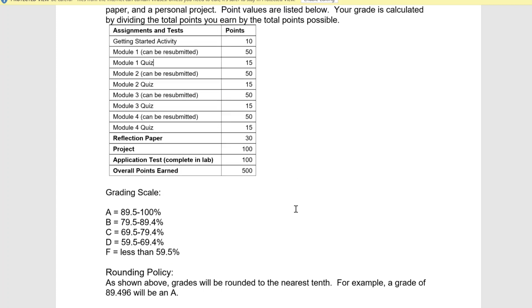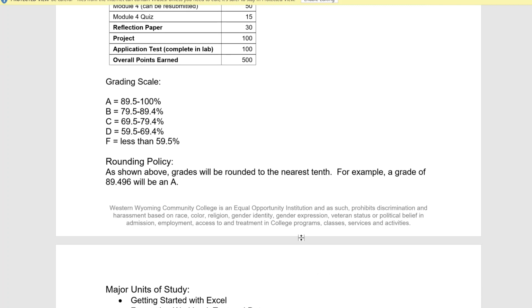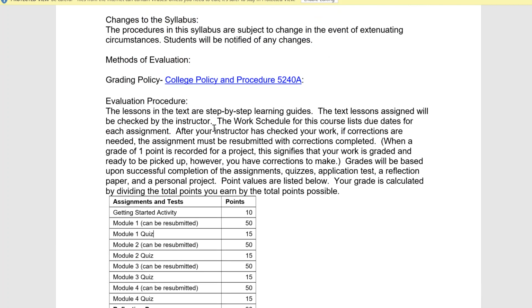A note back up here. So when you submit your homework, after I have checked it, if you need to make corrections, I put 1 point in the gradebook. Okay? Now, that is just to tell you that your work is graded and you need to pick it up and make corrections.